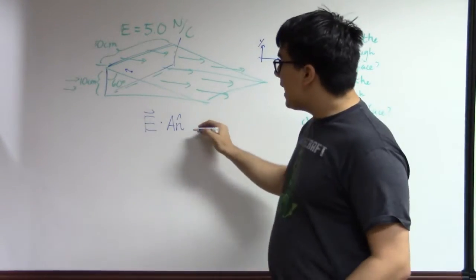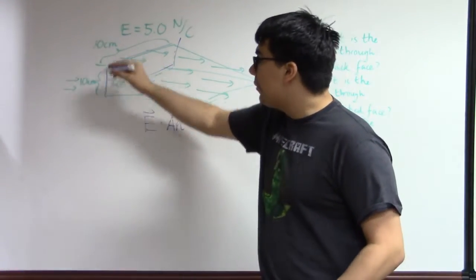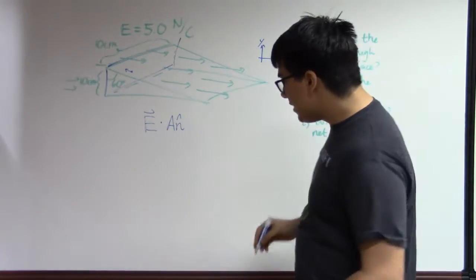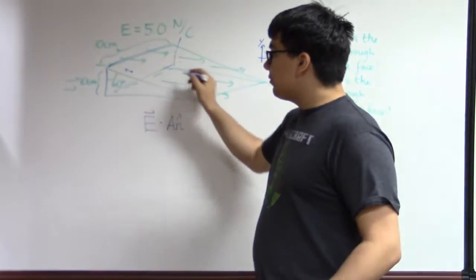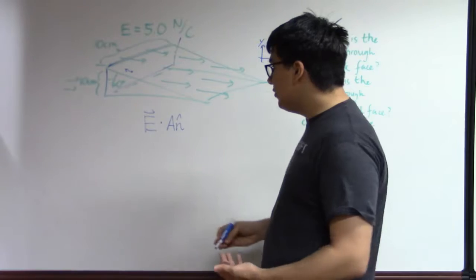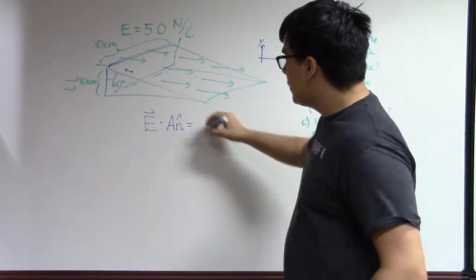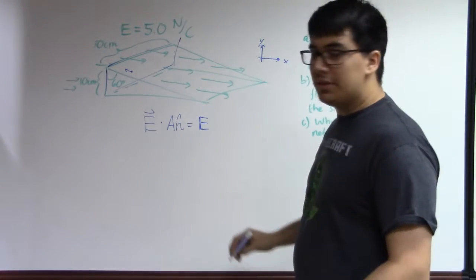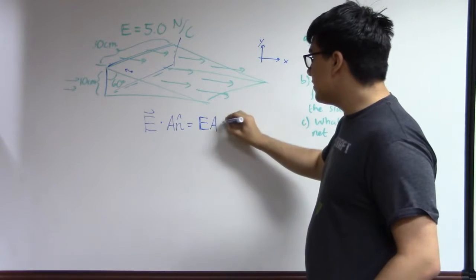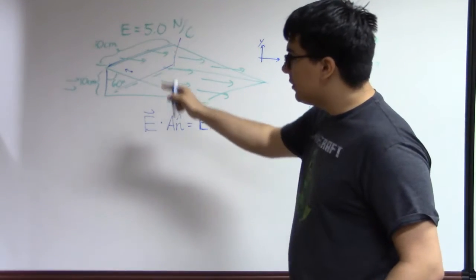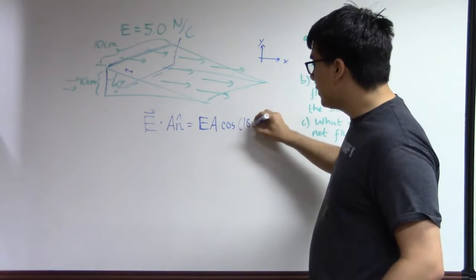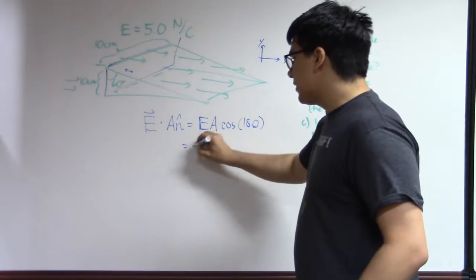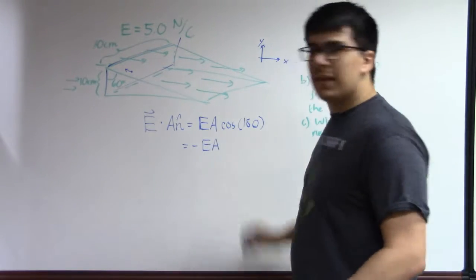So this n hat, this unit vector, is going to point out toward the back. Since the electric field is pointing in the opposite direction, this is going to be the magnitude of the electric field, the area of this face, and the cosine of the angle between those two vectors, which is going to be 180. This just means we're going to have a -1 in front of it.